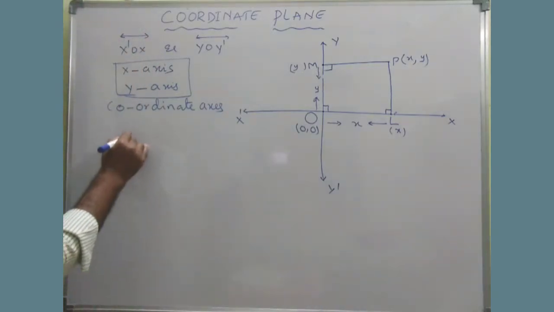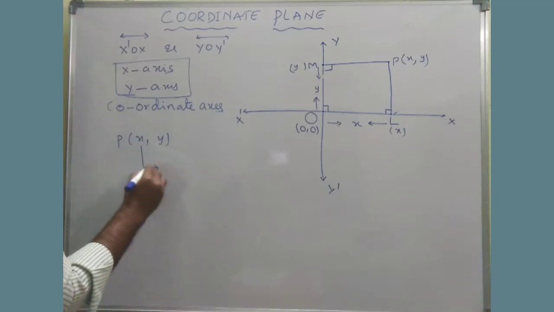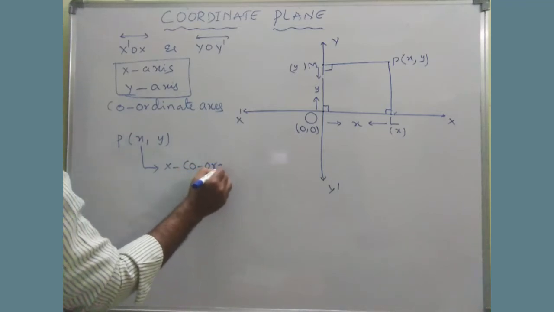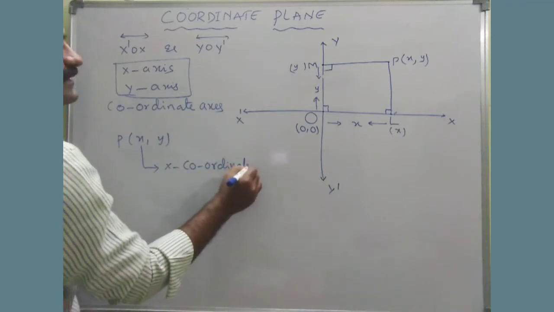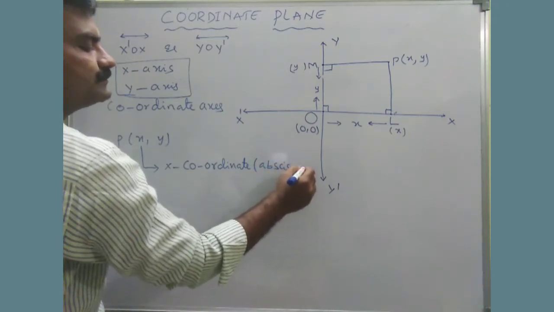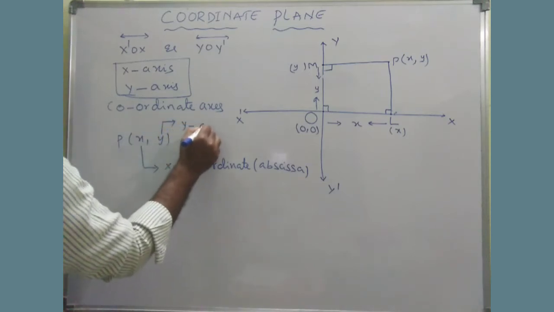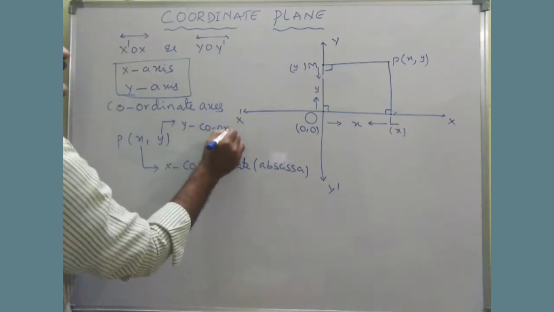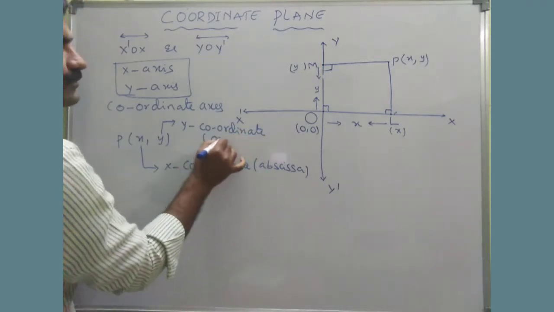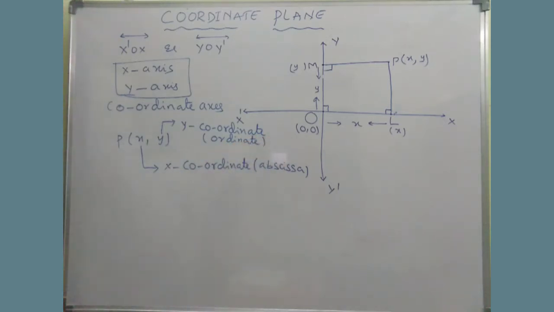In the point P (x, y), x always represents the x coordinate, which is also called the abscissa, and y represents the y coordinate, which we can also call the ordinate.